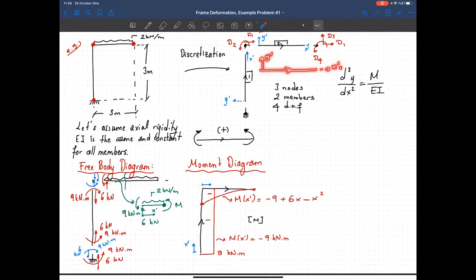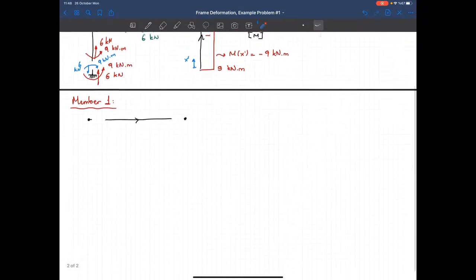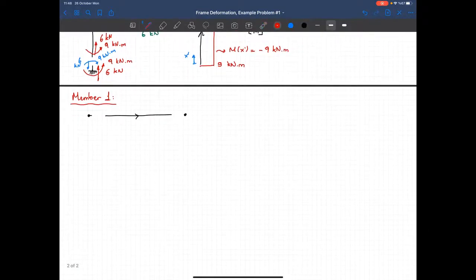If I rotate that, d1 will be in the downward direction and d2 will be in this direction. So that will be d1, that will be d2. These are the degrees of freedom in the structure. That's my x prime axis, and that will be the y prime axis.